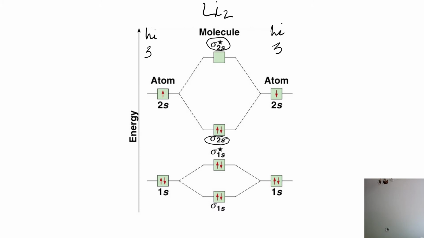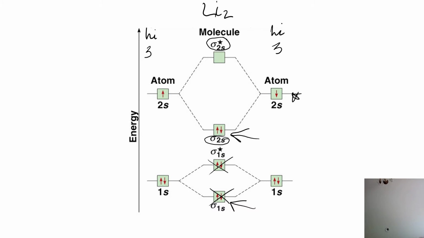We start with the lowest energy, putting 2 in the 1s, 2 in the 1s antibonding, and then we will have paired electrons in the sigma 2s bonding orbital. So I already told you that these cancel one another out, so that lower energy level does not participate in bonding.